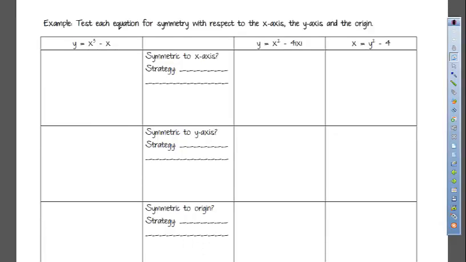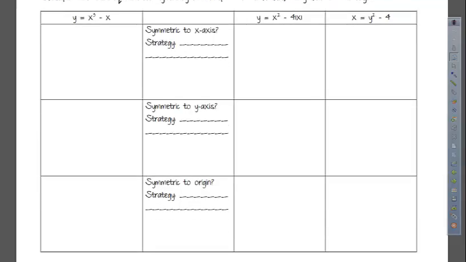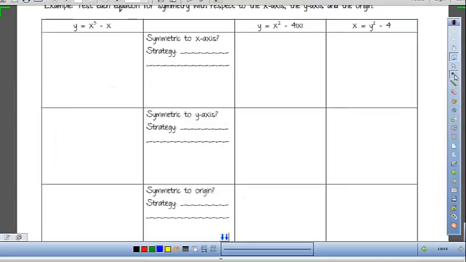Test each equation for symmetry with respect to the x-axis, the y-axis, and the origin. When it comes to symmetric to the x-axis, our strategy is what? Replace y with negative y. Let's try that in a couple of these examples.